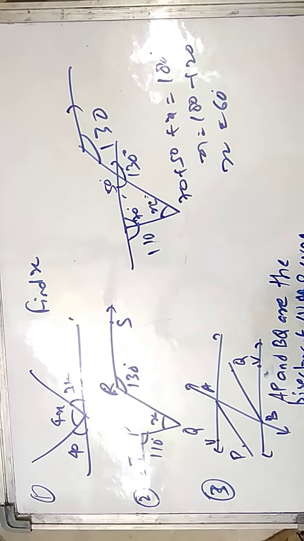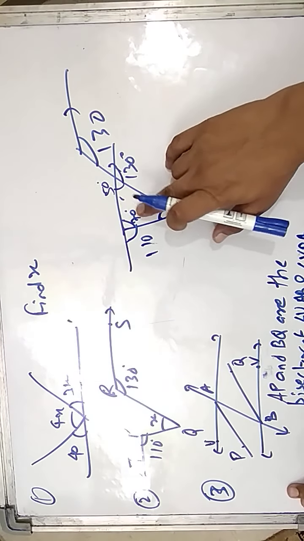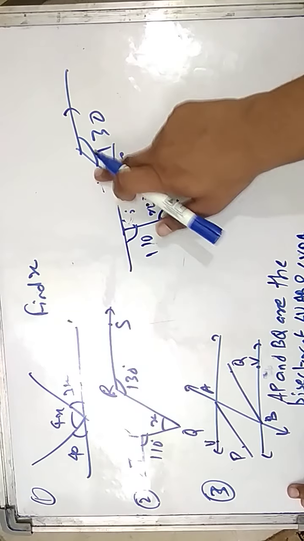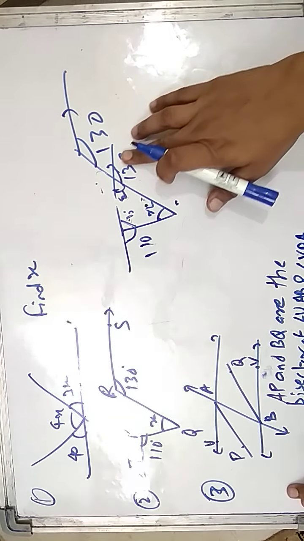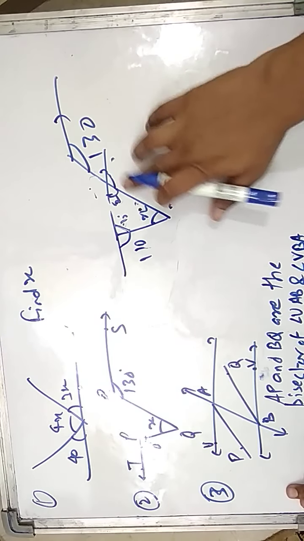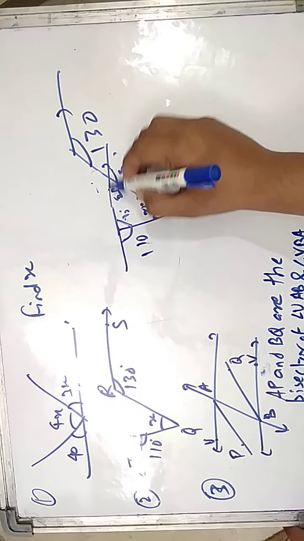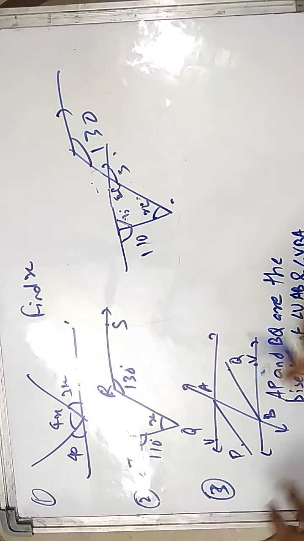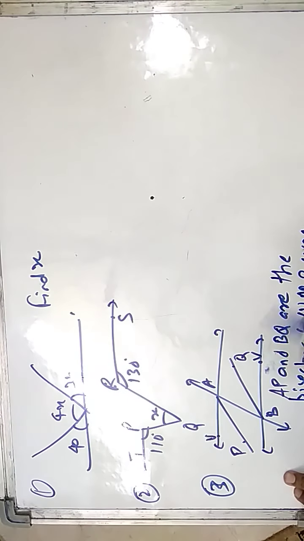Okay, whereas actually I did this problem without the complete steps. The complete steps we may also do. First I explain this question to you. It is angle 1, it is angle 2, and it is angle 3. So first I write here, firstly we have to extend the line here.